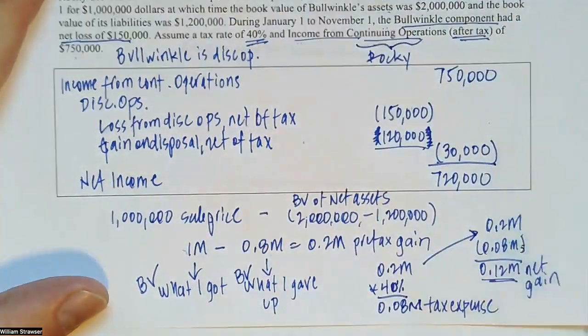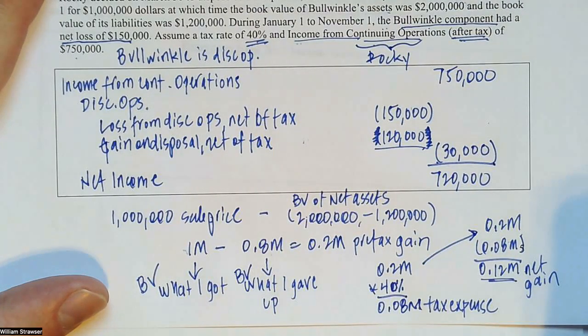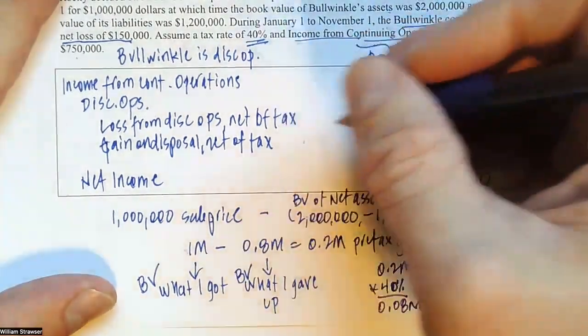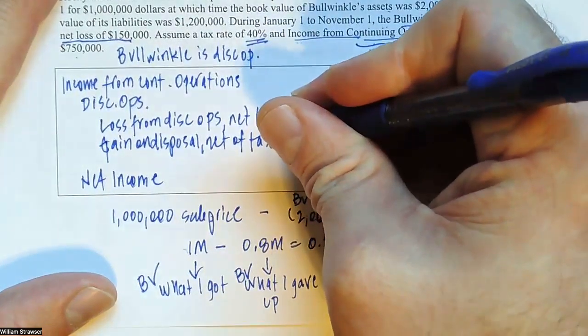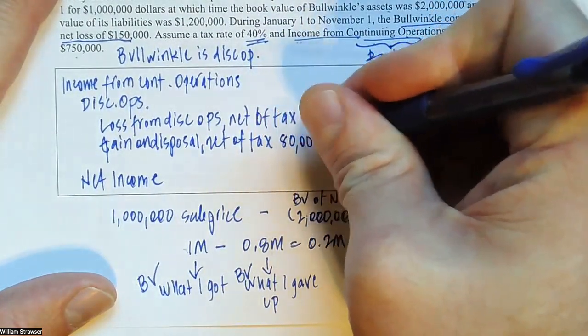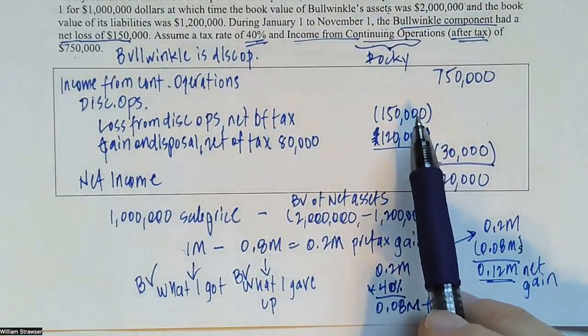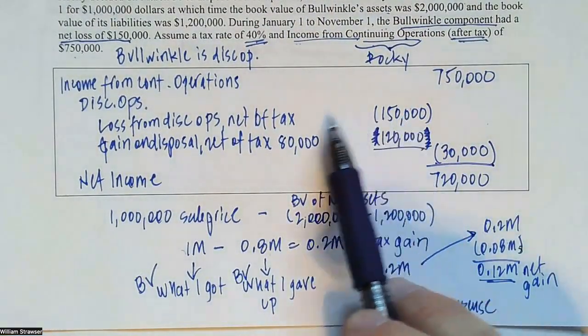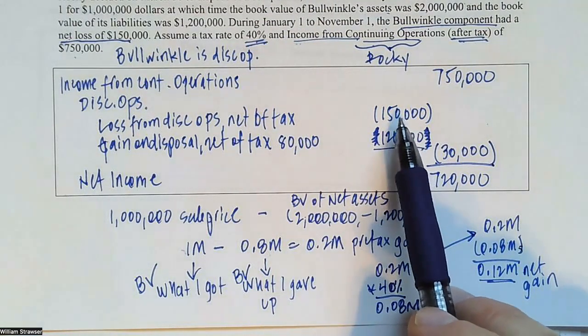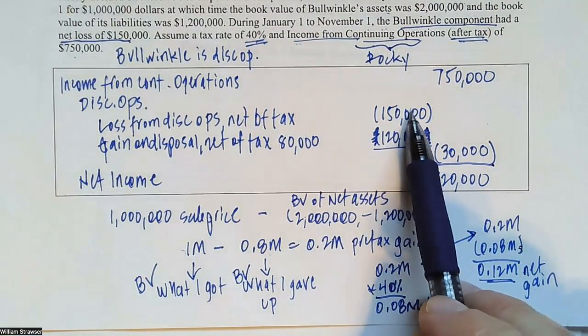In this case, it would be 80,000. Now, how can you tell what this is net of tax? What tax was taken out of this? Well, you're going to have to do a little bit of algebra.